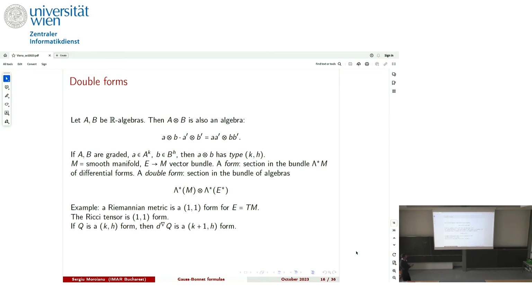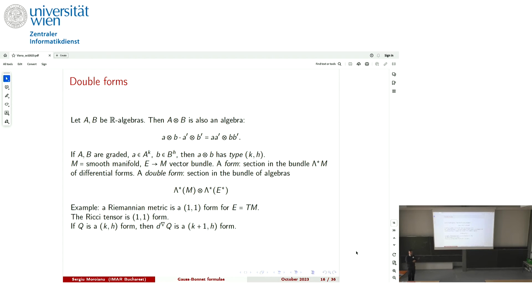Okay, now we get to double algebras or double forms. If you have two R algebras, their tensor product is also an algebra. Think about these algebras as forms in two pairs of forms. A and B are forms on a manifold. For instance, if A are differential forms on M and B are elements in the exterior power of the vector bundle E, then you can multiply objects like that.